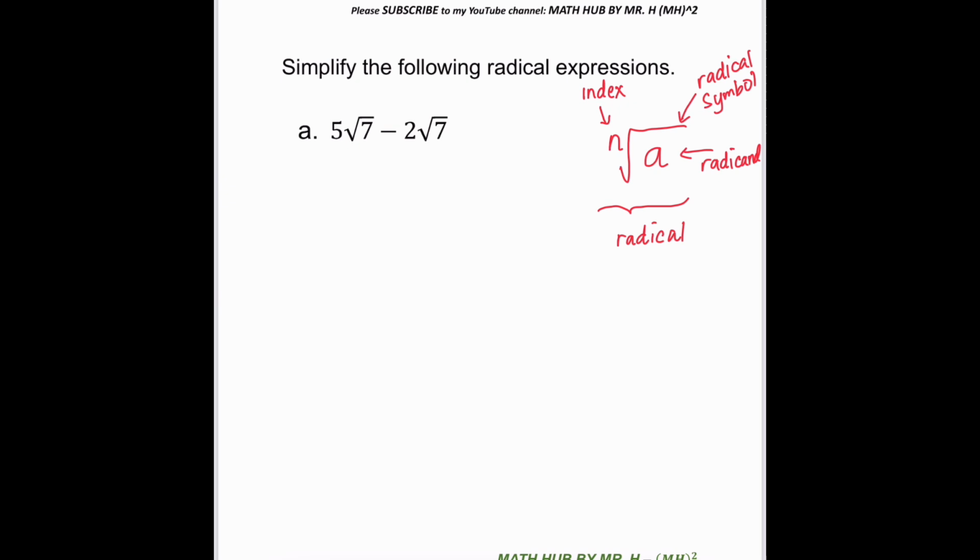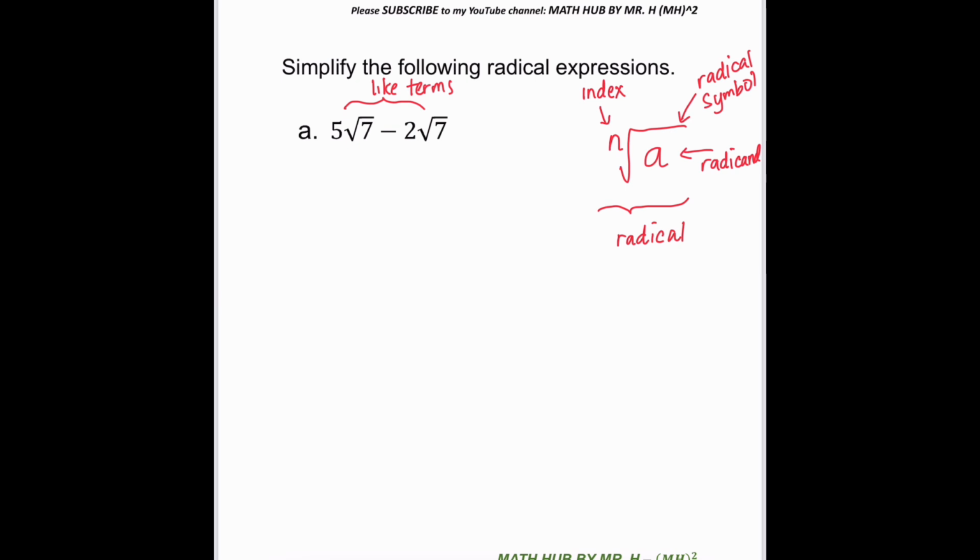For this example, it's pretty straightforward because, as you can see, the two terms are like terms. When you say like terms, these terms belong to the same group. Both of them have square root of 7.